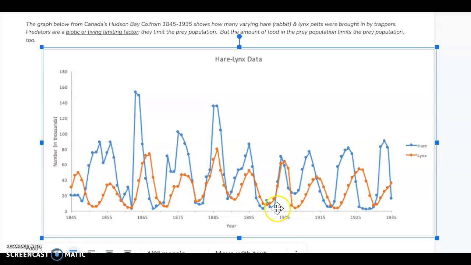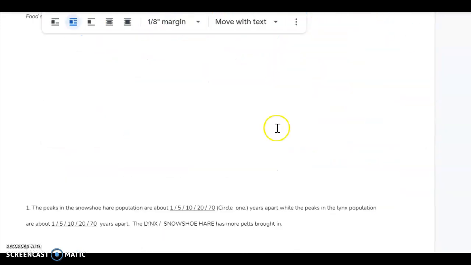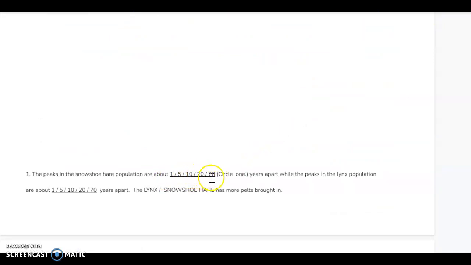Going back a little further, we have the blue peak a little before 1905. It's about every 10 years. And you can do the same thing for the orange line and see how to answer that question. And you just have to choose from 1, 5, 10, 20, or 70 on each one, so that shouldn't be too bad.